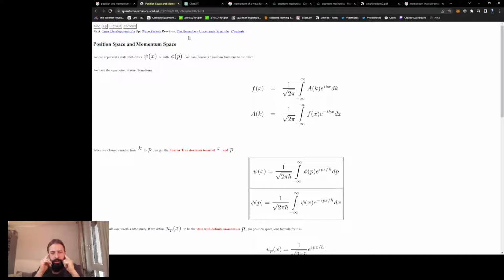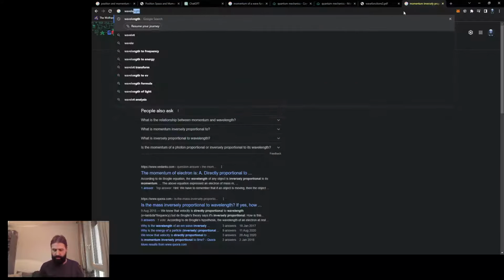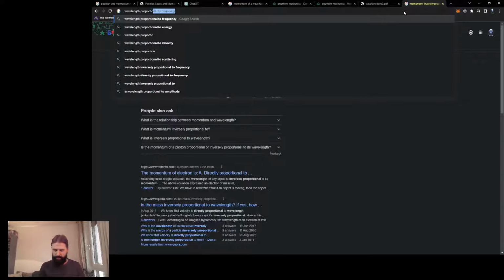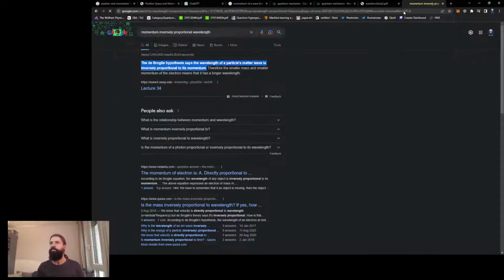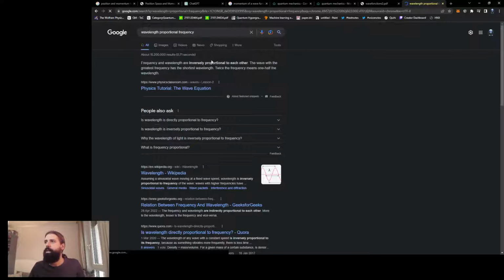It makes sense that the Fourier transform works, because you want to go to the frequency domain, since the wavelength is inversely proportional to the frequency, of course.